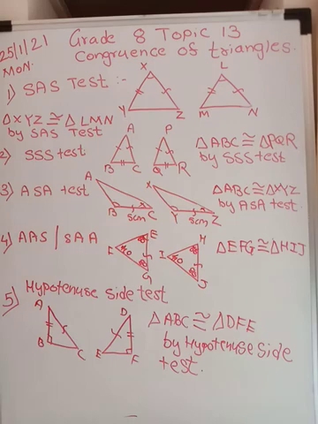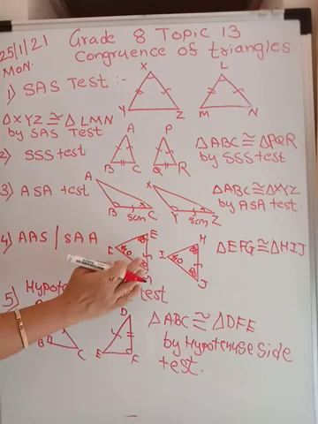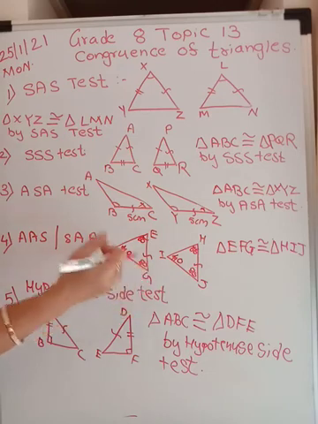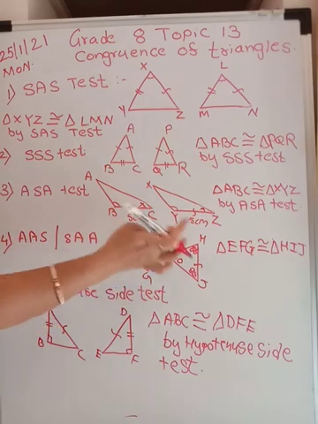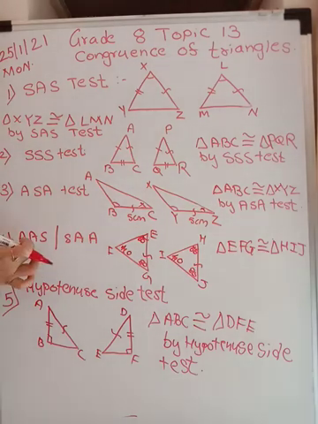Are you understanding me? So this can match with this indirectly. But if this is not given, it is understood the third angle automatically becomes equal by angle sum property of a triangle. Alright. And therefore please remember AAS test is also there, where two angles and adjacent side of one triangle is correspondingly equal to two angles and adjacent side of another triangle.